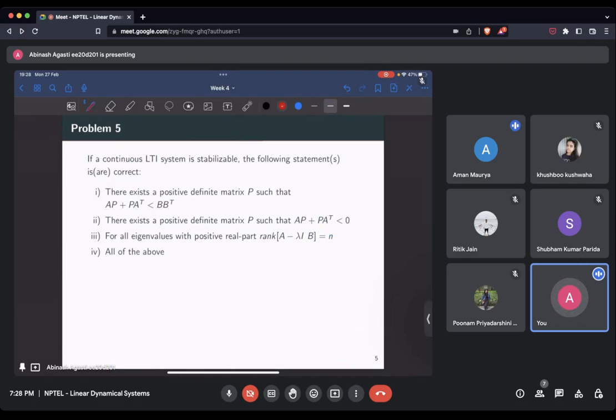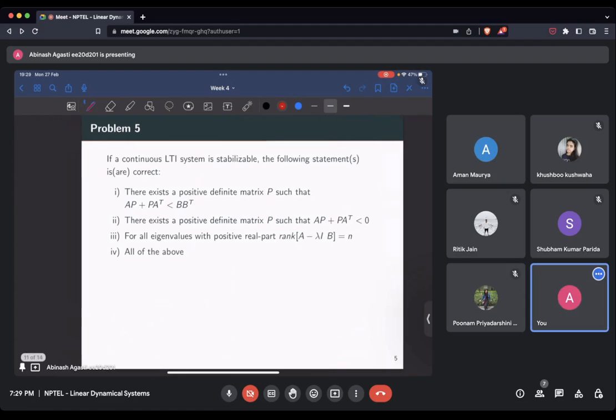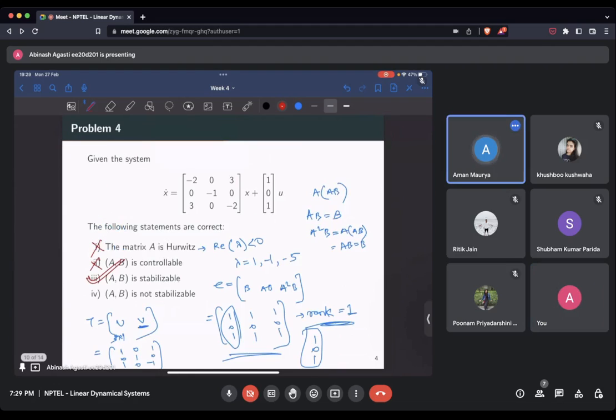Are there any other ways of? Yes, the previous one question. Which question? 4. Sir, can we always say that when a matrix is not controllable, then it's stabilizable? No, no. That you can't say.